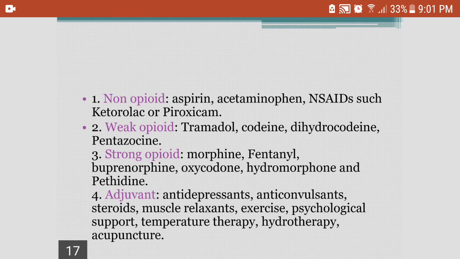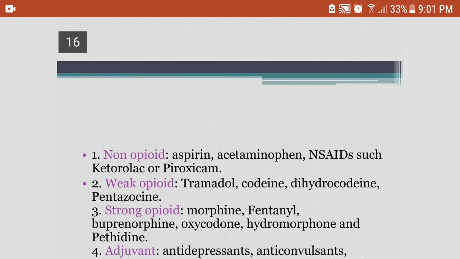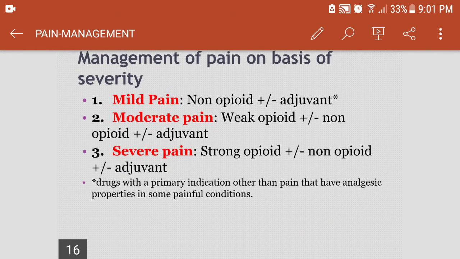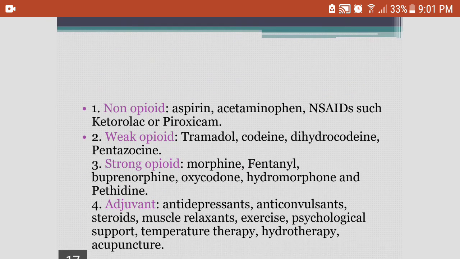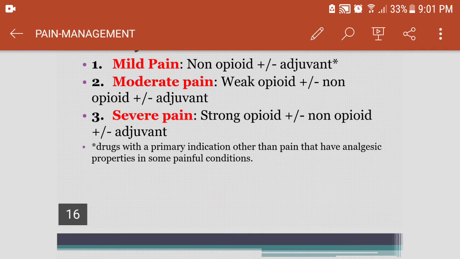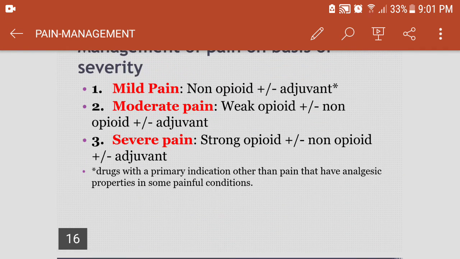Pentazocine is a weak opioid as well. For severe pain, we use strong opioids such as morphine, fentanyl, pethidine, oxycodone, and hydromorphone, with or without non-opioids and with or without an adjuvant.